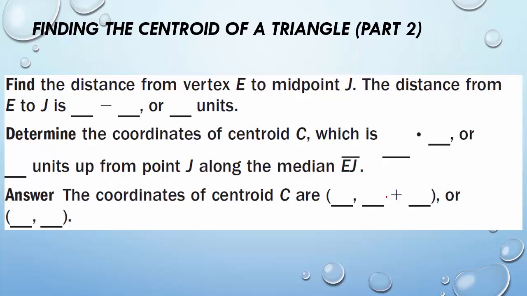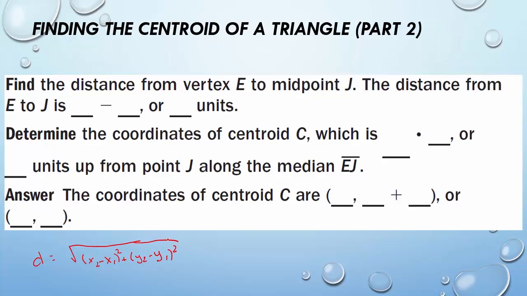Our next step over here is to find the distance from the vertex E to the midpoint J. So remember your distance formula is the square root of x2 minus x1 squared, plus y2 minus y1 squared.